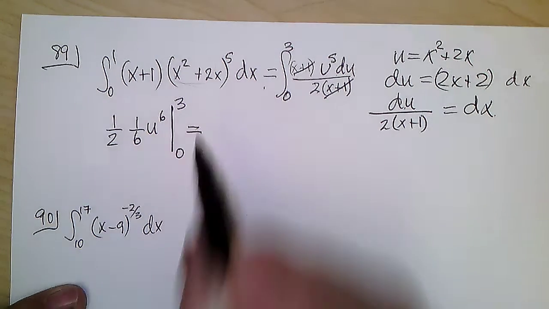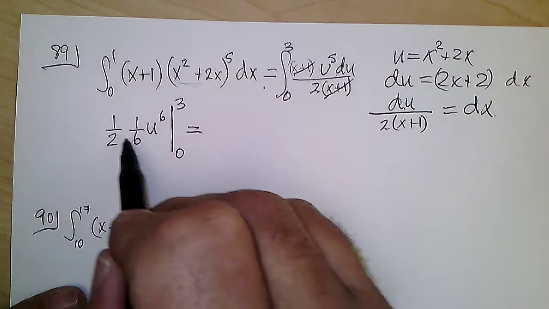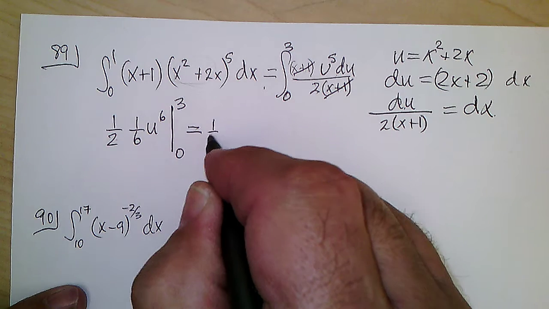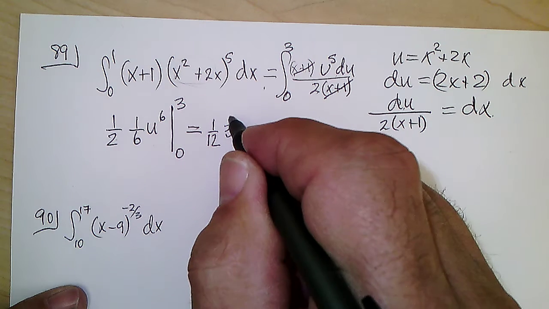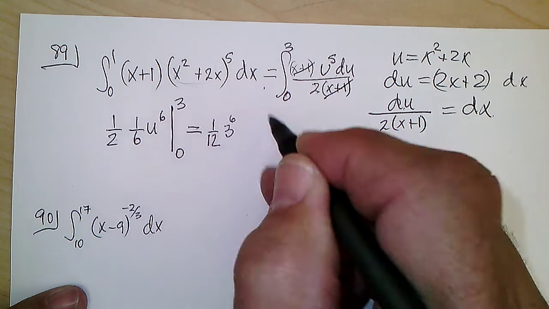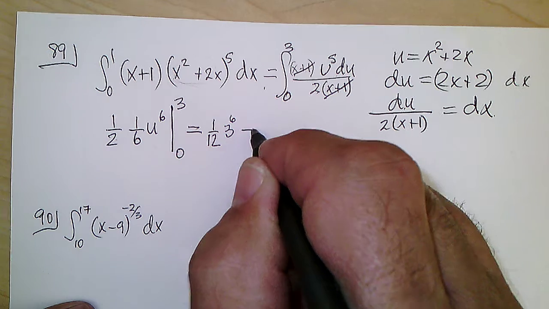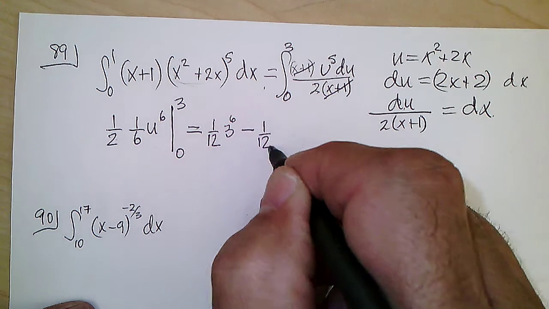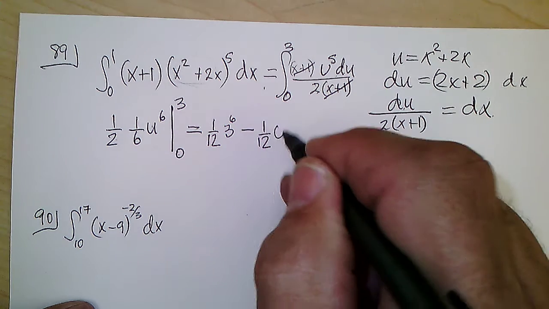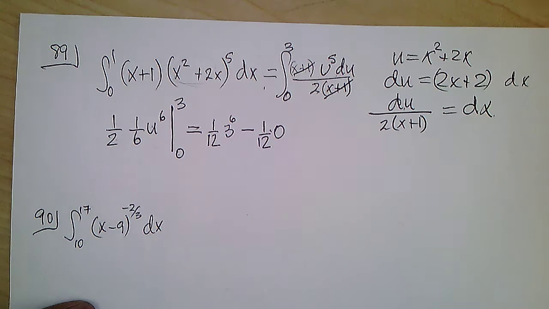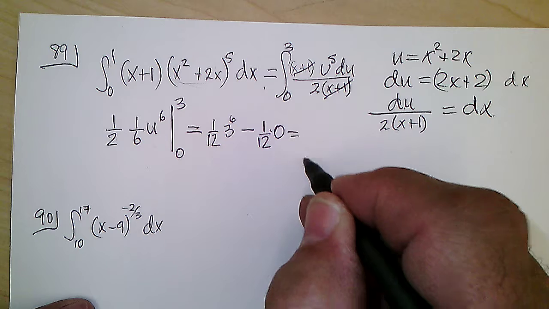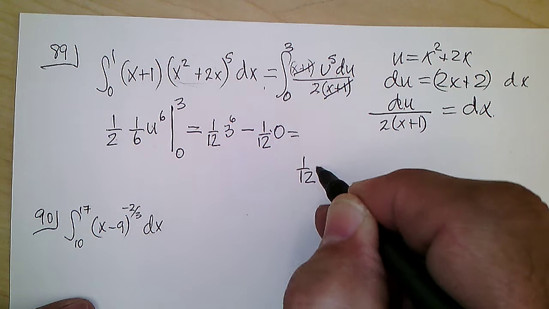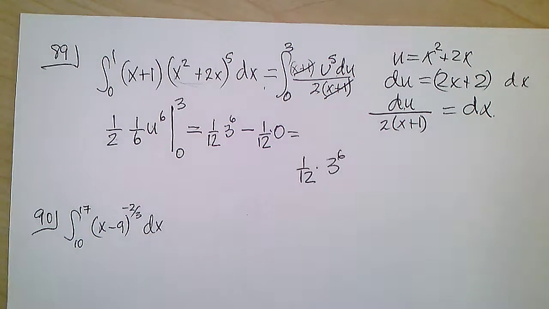And so I get 1/12 of 3 to the 6th minus 1/12 of 0. So it's 1/12 of 3 to the 6th.